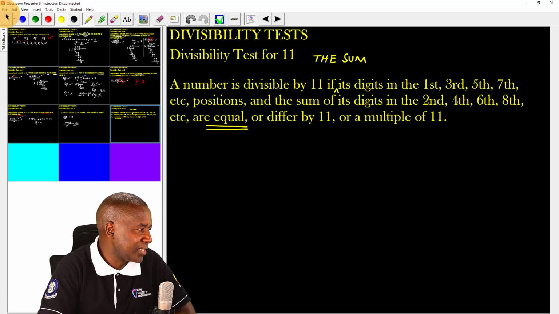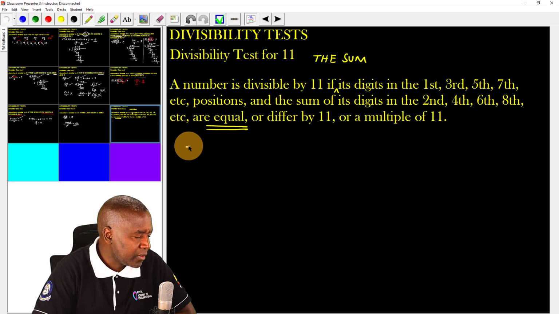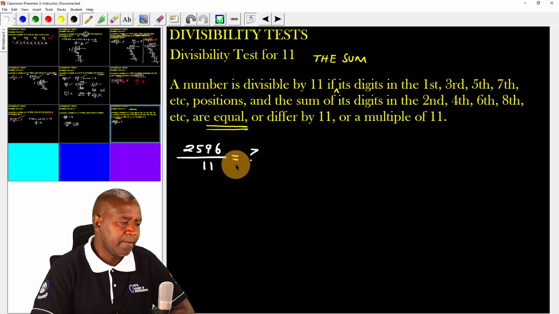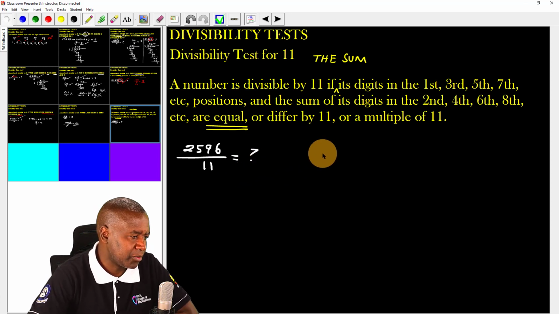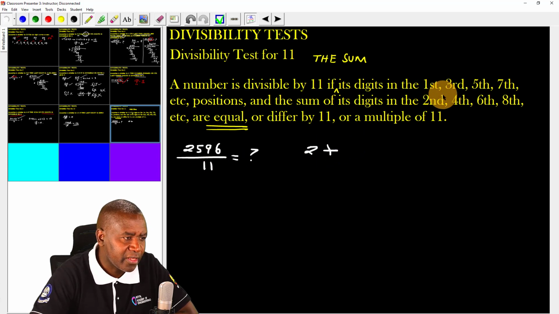So we are wondering, is 2596 divisible by 11? Let's look at the first position. What digit do I have in the first position? I have 2. What digit do I have in the third position? Third position, I have 9. This gives me 11.